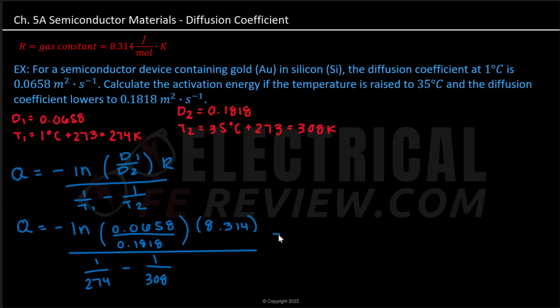And after inputting this into our calculator, we have 209.72.44 joules per mole as our final answer.